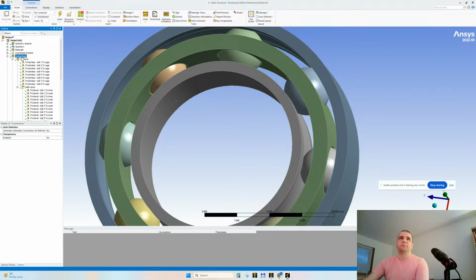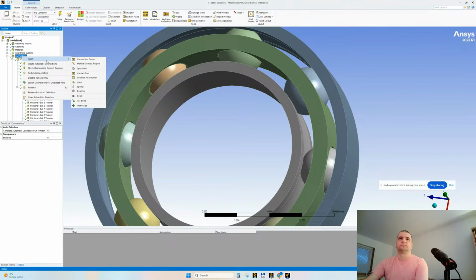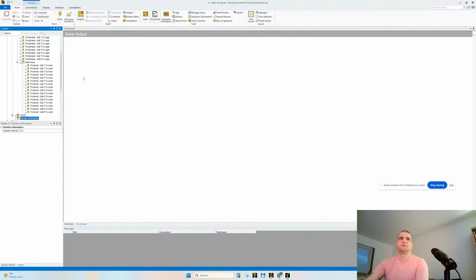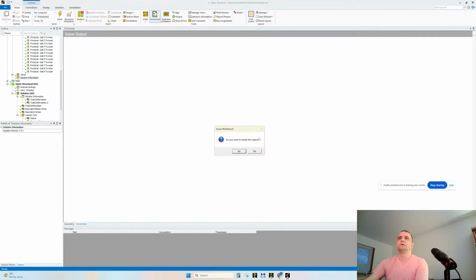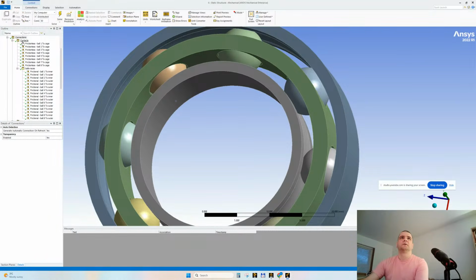Yes. Remember, you have here what we call a solution information, right-click collection. Can we have like a generate or something? No. Come on.